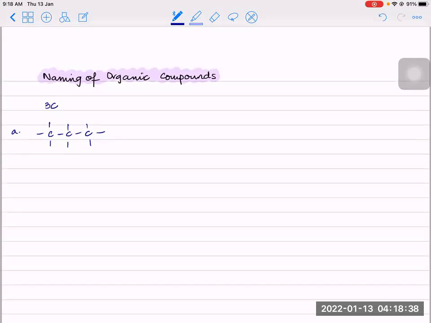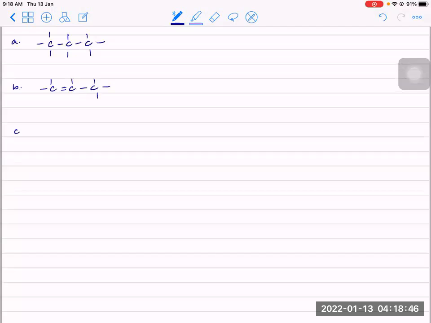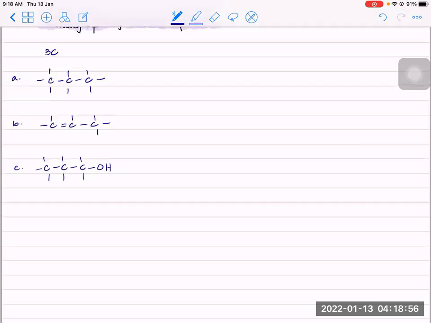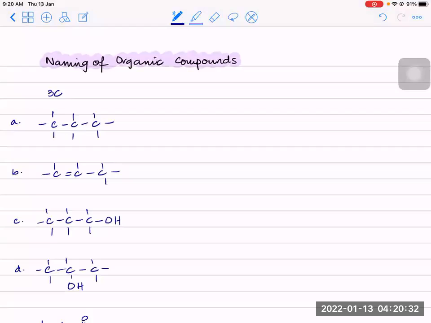So let's try naming all of these. Let me just draw them first, then we will name them. So let's name organic compounds. I've drawn these 3 carbon compounds.